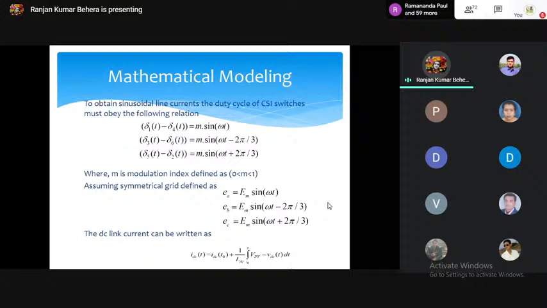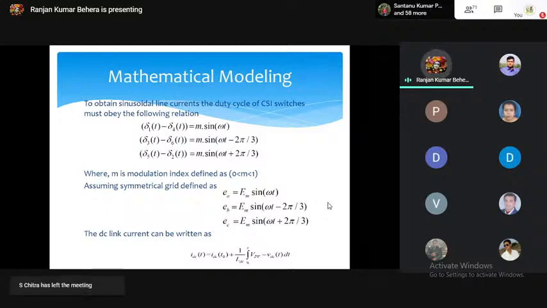That way you get 3 balanced modulation indices, so that your output current will be balanced. If your modulation index or the reference is not balanced, then you will not have a balanced output. I will discuss these references in detail when we come to current control. Now, we are not going to discuss it.